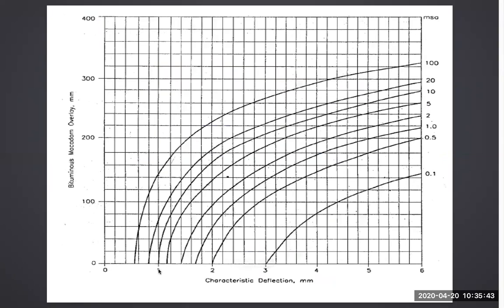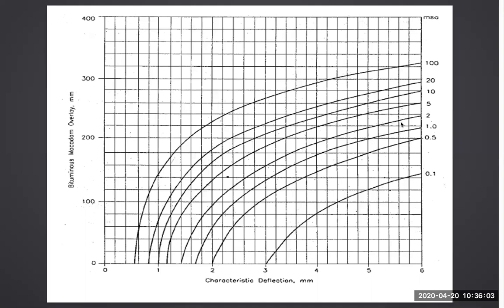If I get somewhere around 2 as my characteristic deflection after I conduct the studies, these curves represent the traffic in million standard axles, MSA. So these curves represent the traffic on that road.